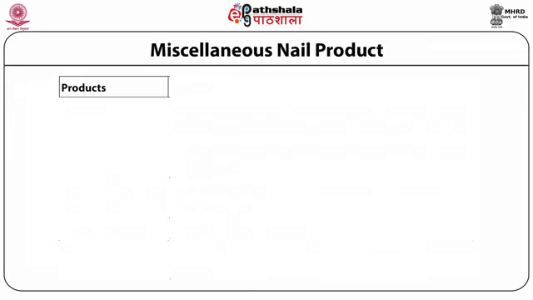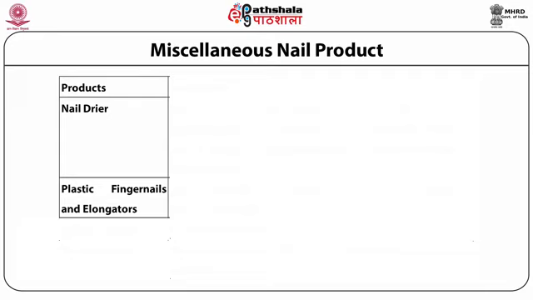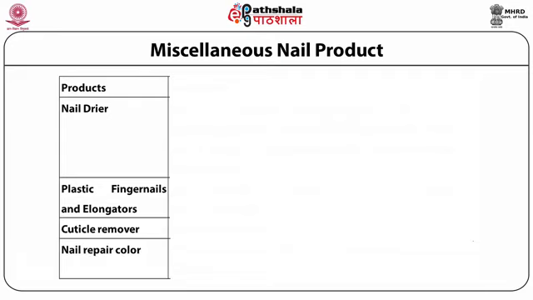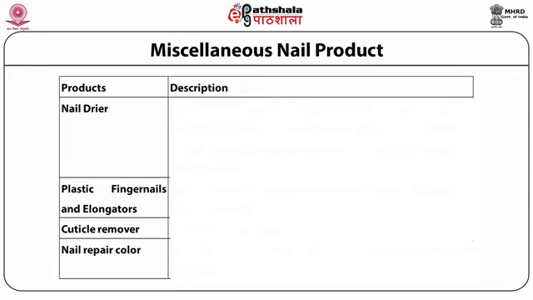Miscellaneous nail products. Nail dryer, plastic fingernails, cuticle remover, nail repair color and many others are the various miscellaneous nail products. So let us study them in detail. Nail dryers.